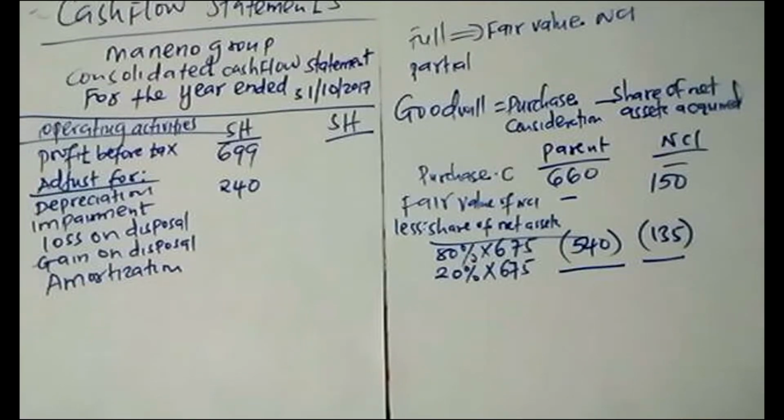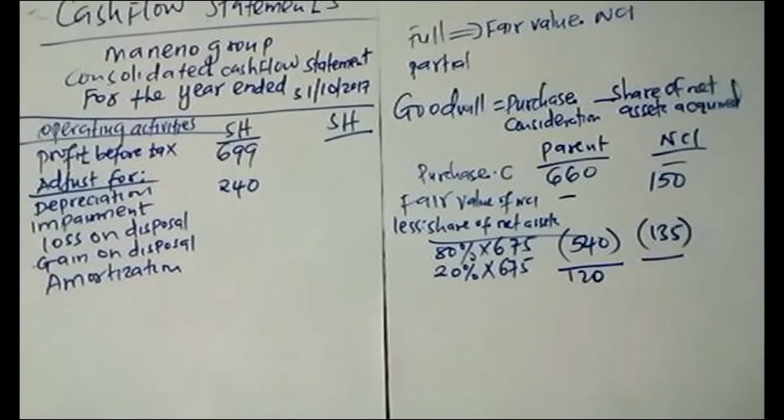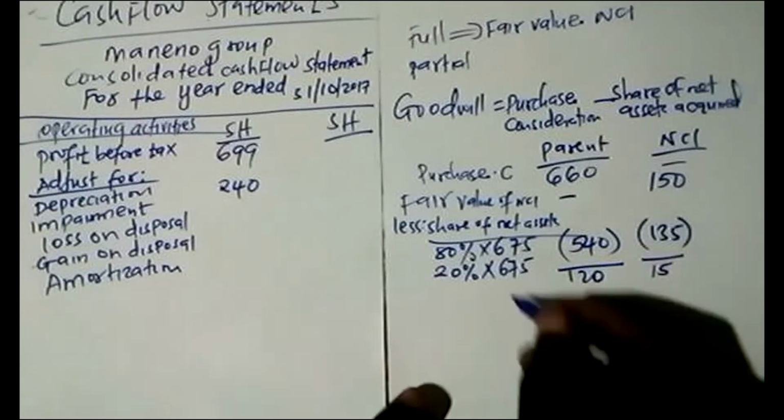So 660 minus 540 is 120. Then 150 minus 135 is 15. That is my goodwill.